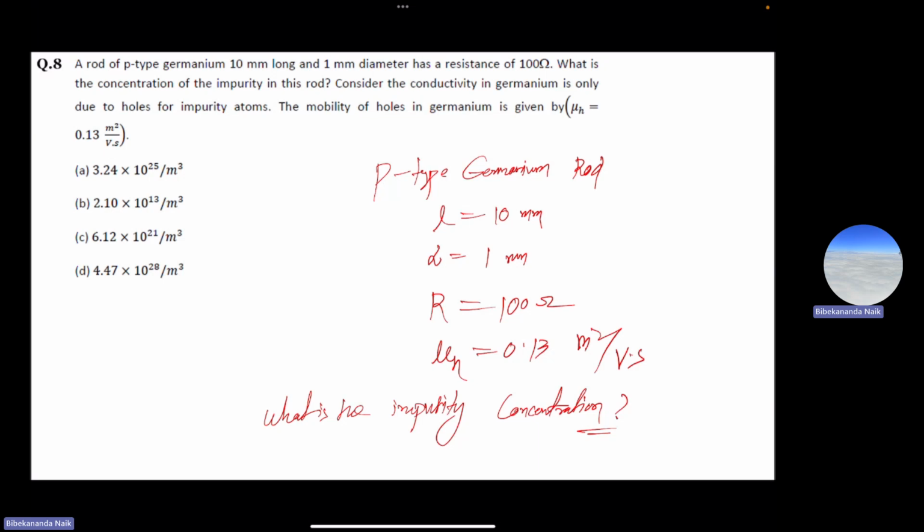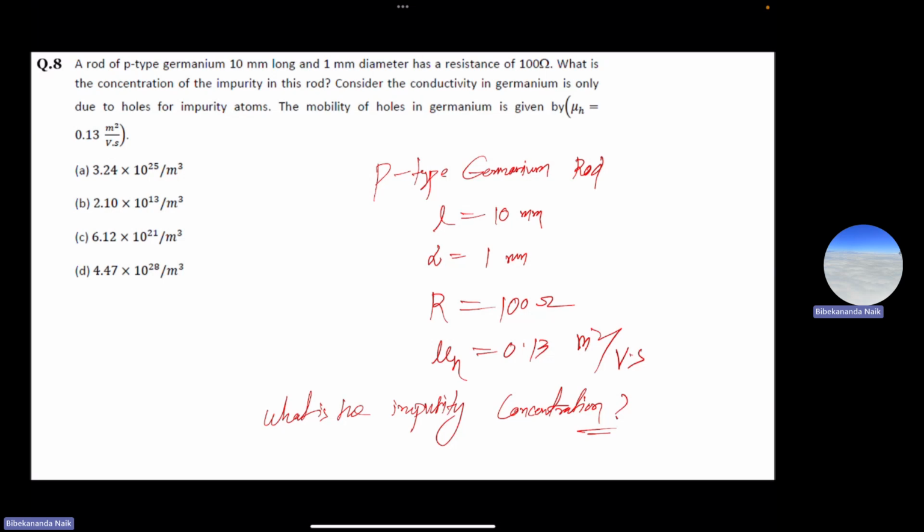So if we solve it, we know the expression for conductivity. We know conductivity is given by N e mu e plus N p mu p. Here in the question it says consider the conductivity of germanium is only due to holes of impurity atoms.